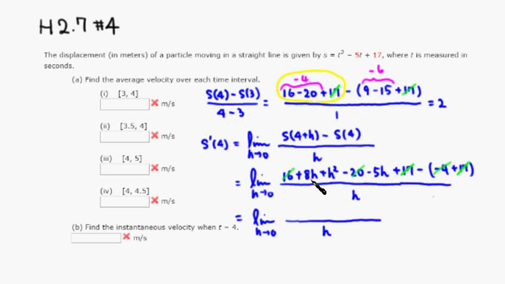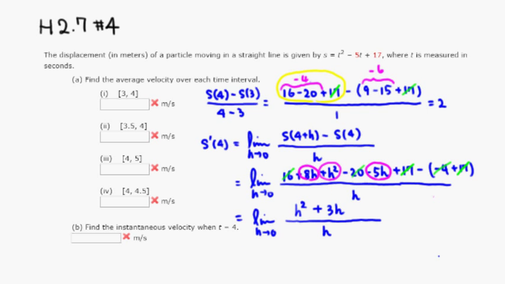On top, there's h squared, and also 8h minus 5h, so that'll be 3h. Everything else is taken care of.